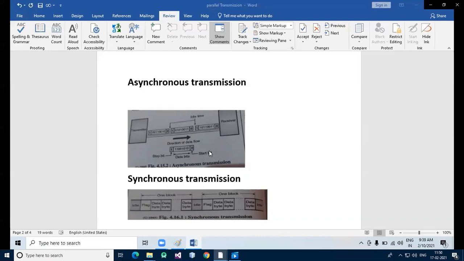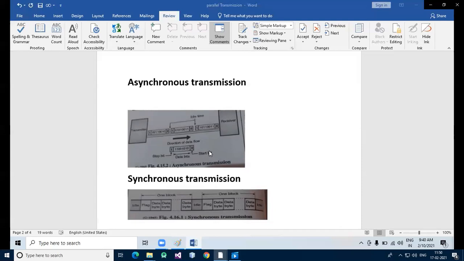So why is it called asynchronous? The mechanism is called asynchronous because at the byte level, the sender and receiver do not have to be synchronized. They both don't have the synchronous time.